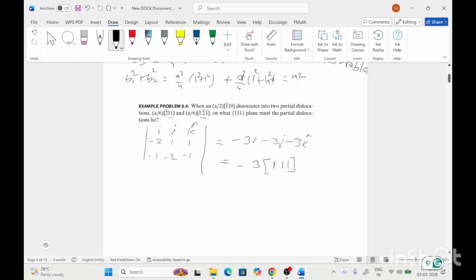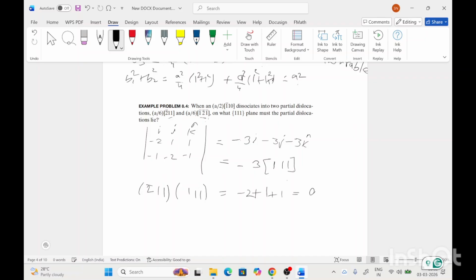One more thing, we can also cross check if it is lying on this plane only. How to cross check? By dot product: if we do 2 bar 1 1 and 1 1 1, this will be minus 2 plus 1 plus 1, so this will be 0.